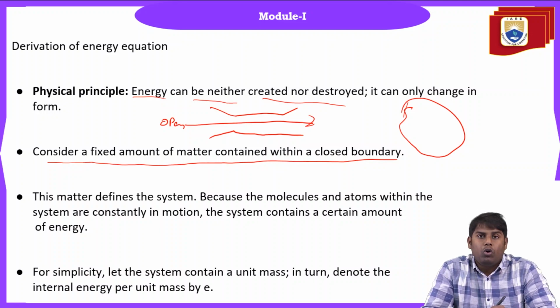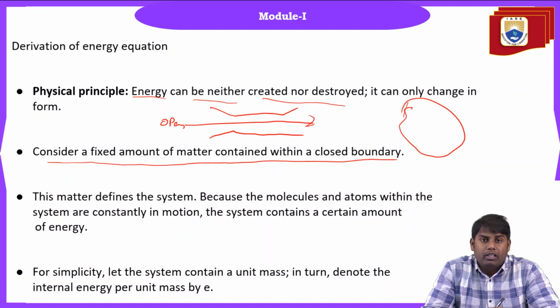And this is called a closed system. In a closed system, the flow in and out is zero, but you can have interaction of energy: energy in and energy out, work in or work out can be done. These things are possible.